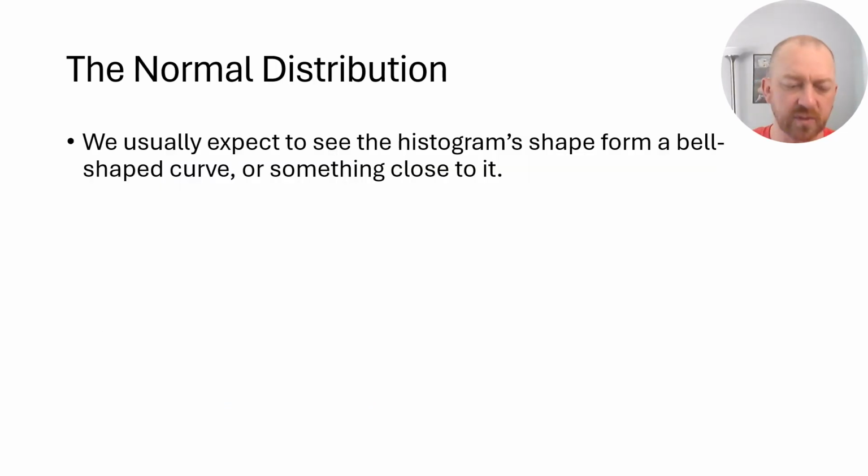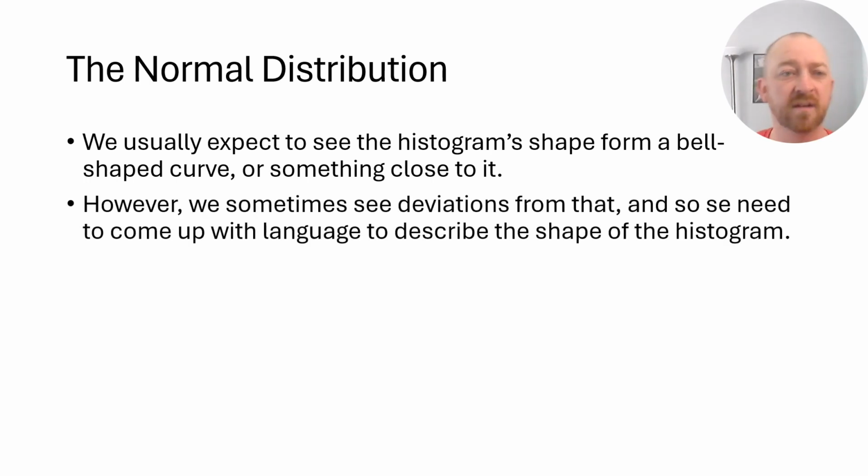Okay, so as I said, we usually do expect to see a normal distribution or a bell-shaped curve, a Gaussian distribution, all meaning the same thing, or something very close to it. There are some other kinds of distributions that are more likely to occur. We're not really interested in something like a Pareto distribution. You don't need to worry about that for this particular thing, but that's a different kind of issue.